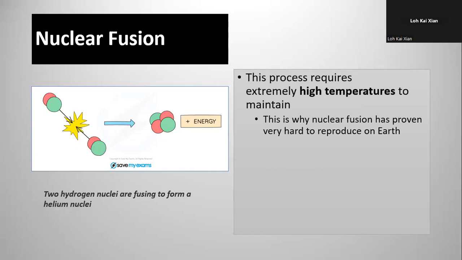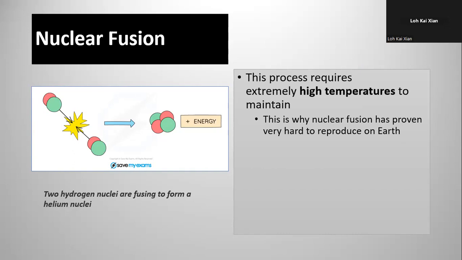This process requires extremely high temperature to maintain. Why do you need high temperature? Any idea? Is it to let them move faster to collide with each other? In a sense, correct.